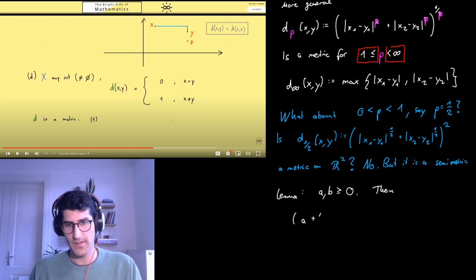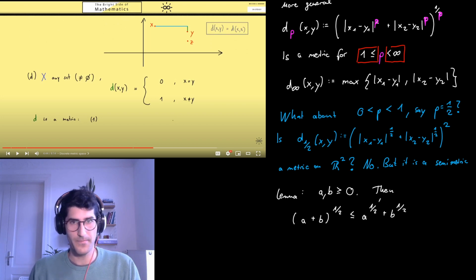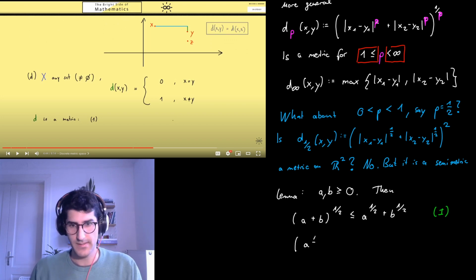The first one is to say that (a plus b) to the 1/2 is less or equal than a to the 1/2 plus b to the 1/2. This is the first inequality. The second inequality that we will need is that (a plus b) squared is less or equal than 2a squared plus 2b squared.